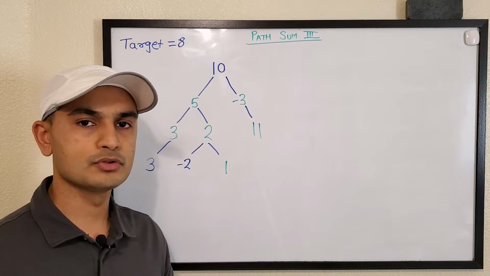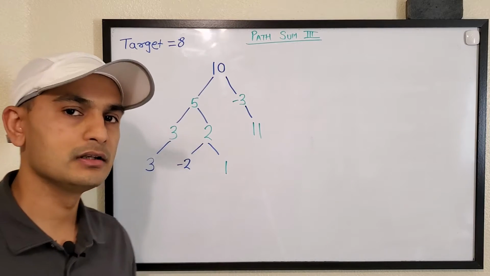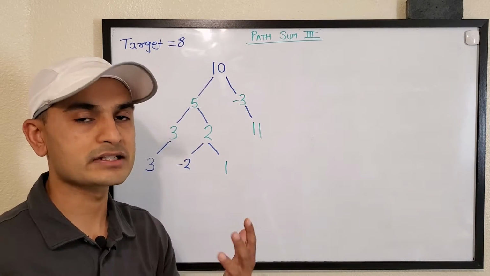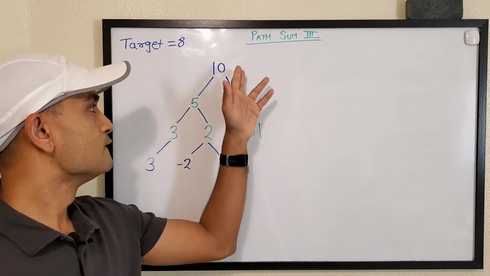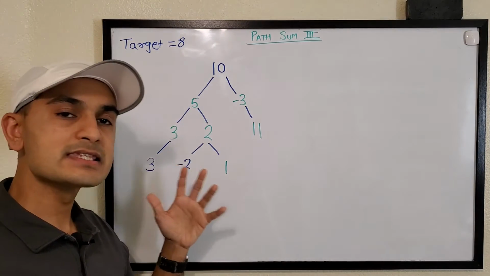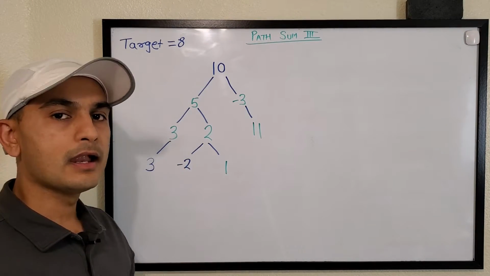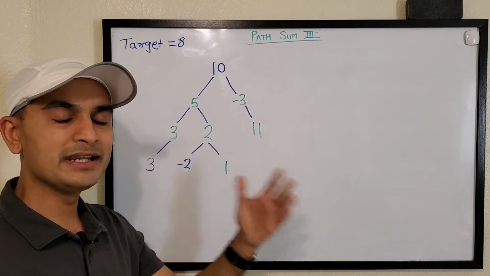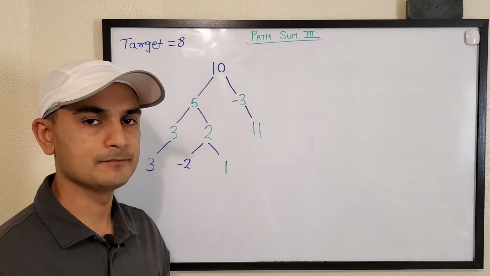So in this approach, we'll have a dictionary or hash map where we'll store the running sum of the path and we'll count how many times we've seen those values.